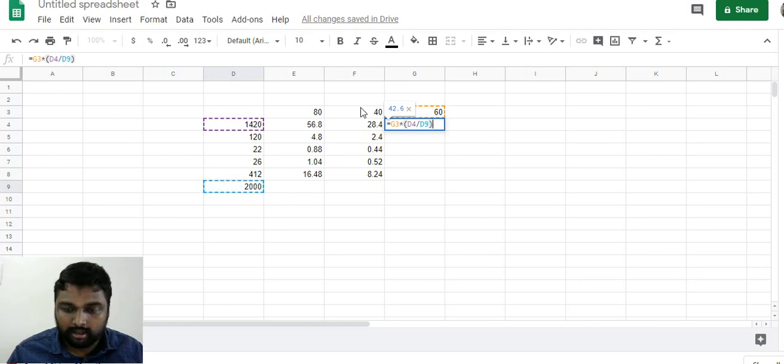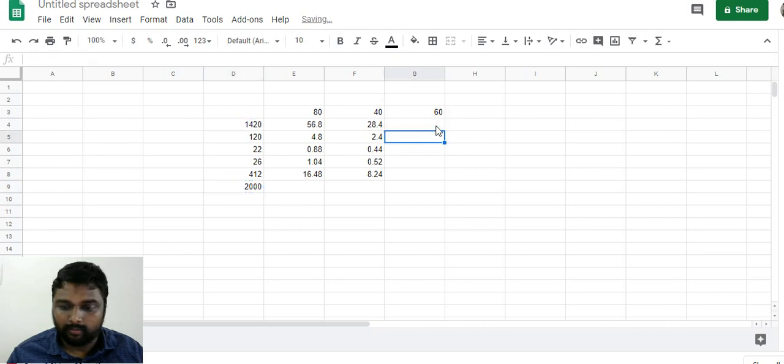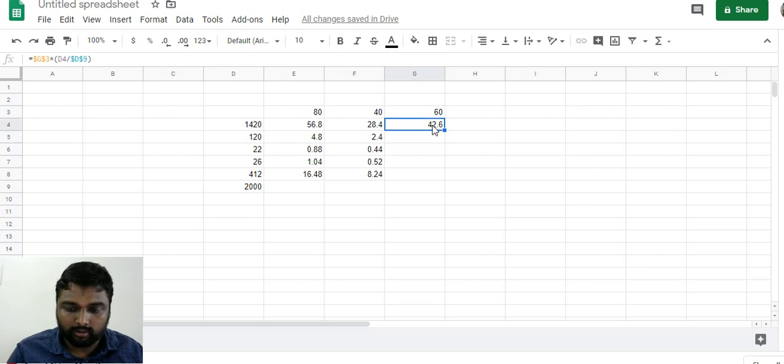See, the 60 should not change. So we have to put the dollar symbol, both column and row. D4 can be changed, but D9 should not change because 2000 is the same. This most of you know. Scroll down.